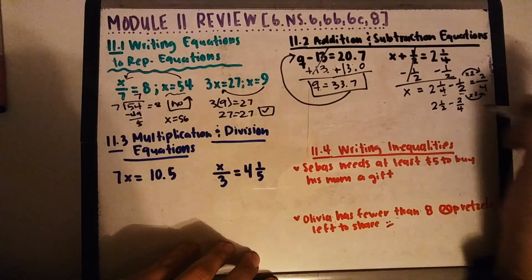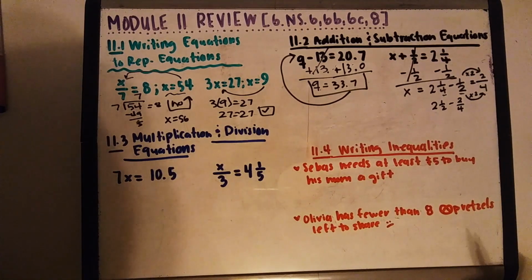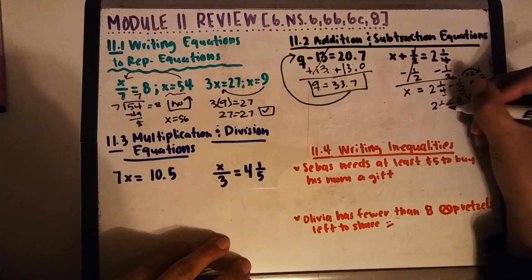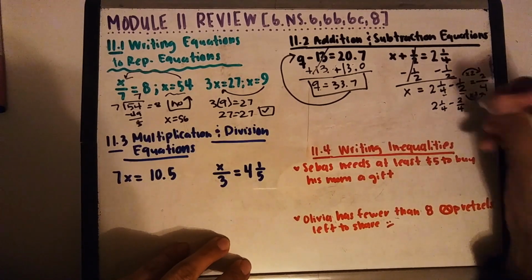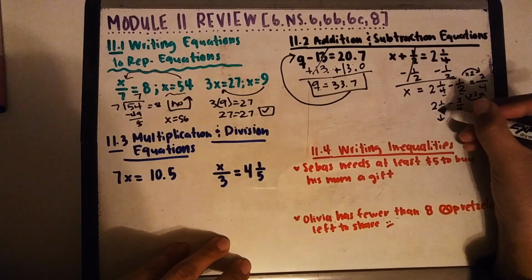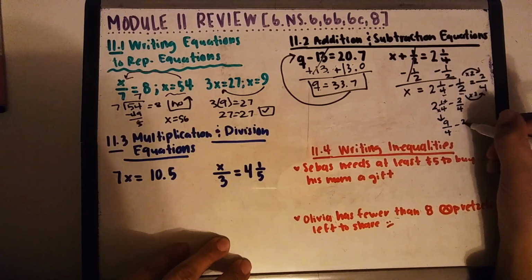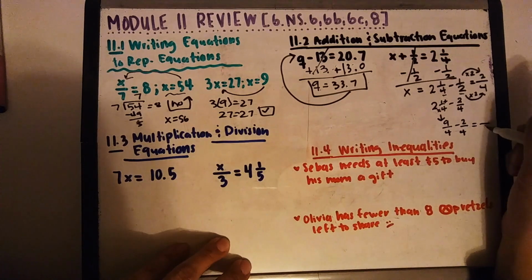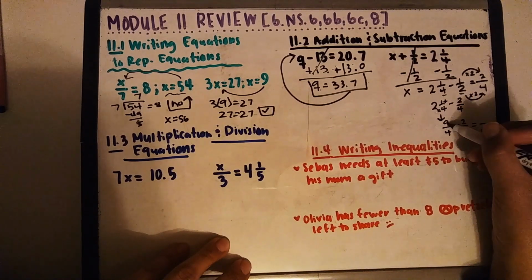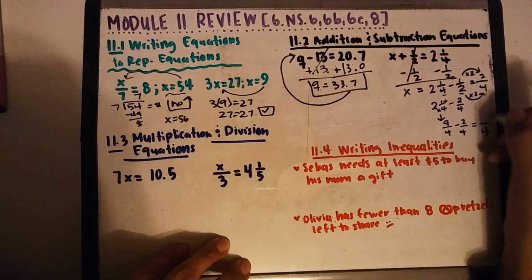Now, some of you might be able to do it mentally. The ones that can, fine, but otherwise you have to change this into an improper fraction. And how do we do that? We go 2 times 4 is 8 plus 1 is 9. So 9/4 minus 2/4. Once you have the same denominator, you just keep it the same, but you subtract the tops, the numerator. So 9 minus 2 is 7.